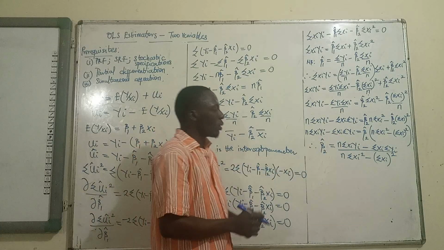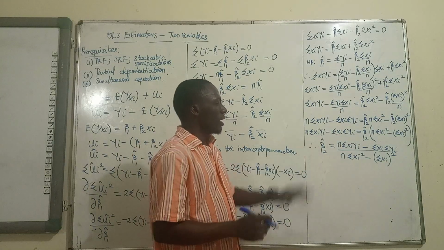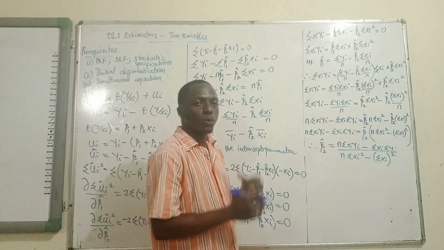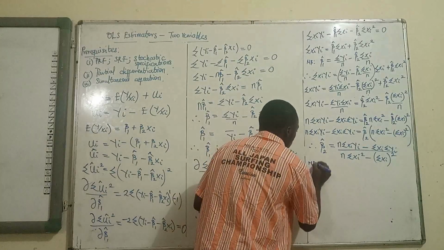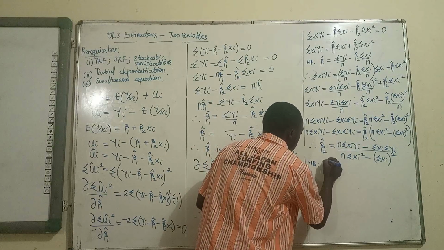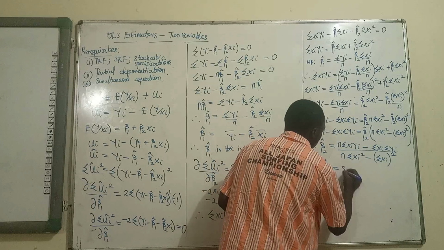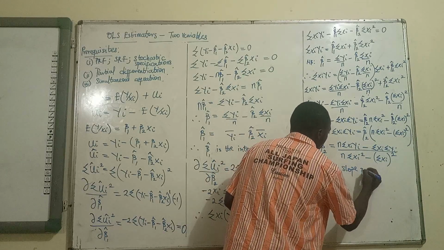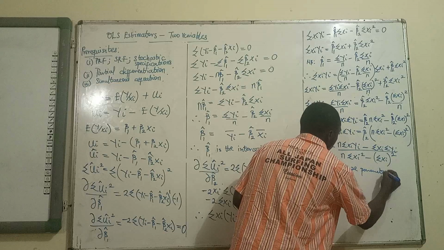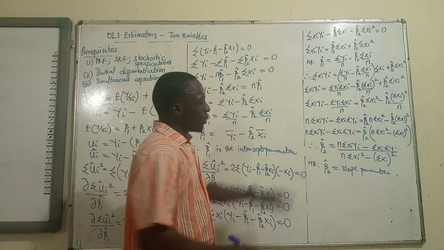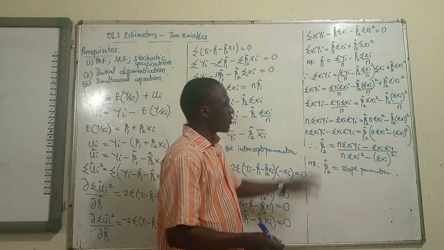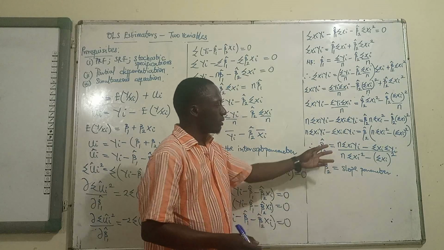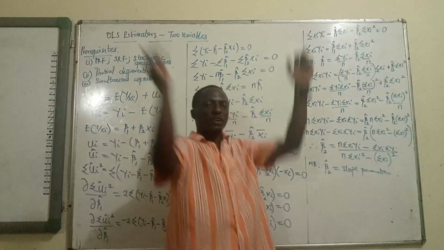And this gives us the estimator of our slope parameter. Note that beta 2 cap is the slope parameter. So with that, we have an estimator for our beta 2 cap. This is how we get it. Now it's very, very important to know that.